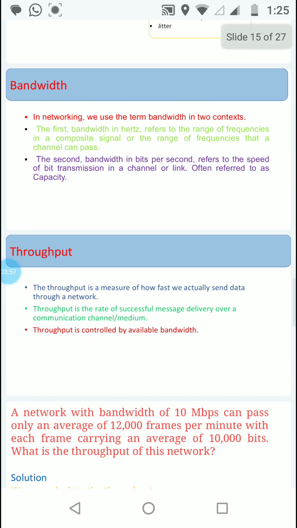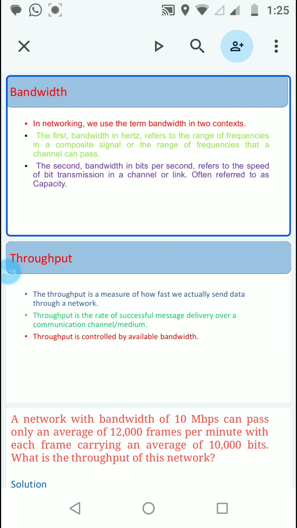The first factor is bandwidth. In networking, we use the term bandwidth in two contexts. It is a measure of the data that can be transmitted from one point to another in a given amount of time. To measure network performance, one characteristic is the bandwidth.